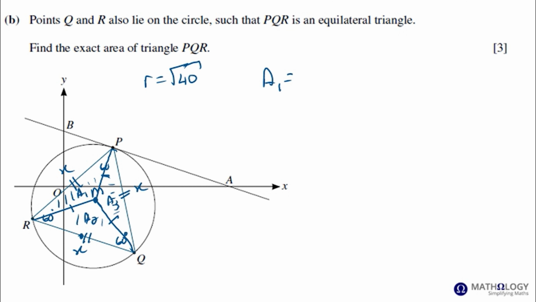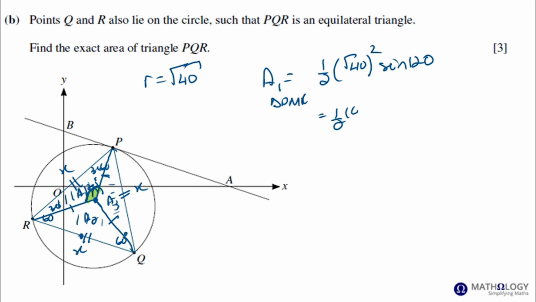So the area of triangle PMR is, using the sine rule, a half r squared sine 120 degrees. So it's going to be half times root 40 squared times sine 120.